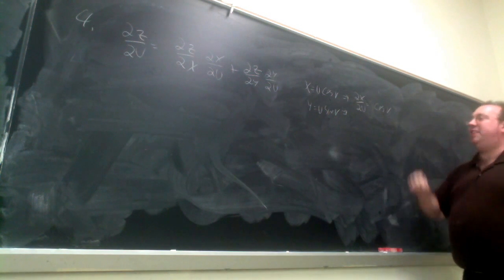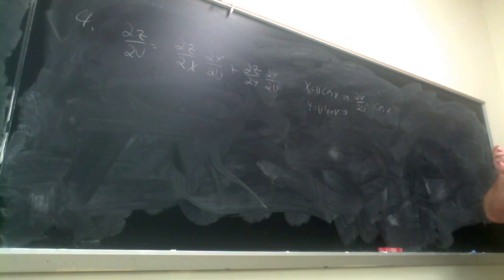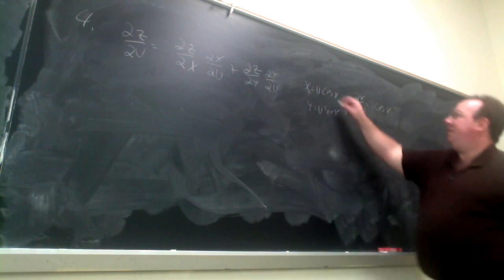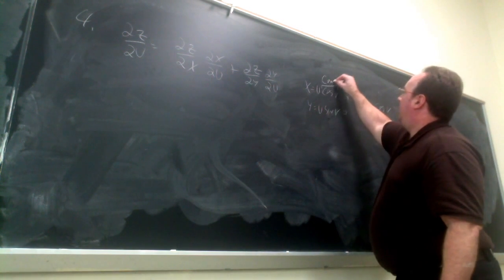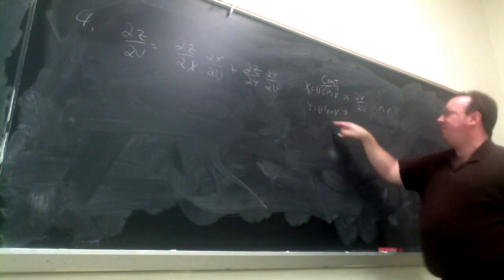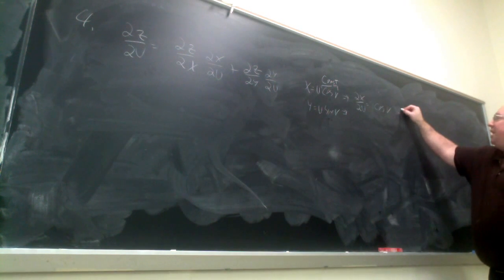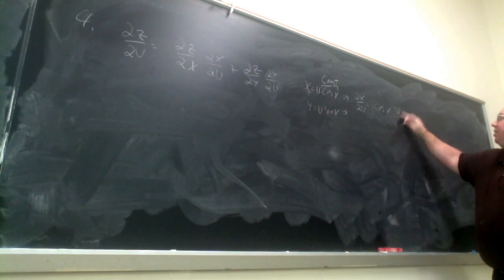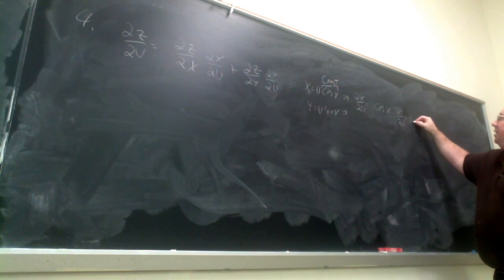I got some strange answers that had like two terms in them, like you're using product rule or something. Yes, this is a product, but if you're only differentiating with respect to u, this is not a product rule situation. Cosine v is treated as constant, so is sine v, and therefore dy/du would be sine v.